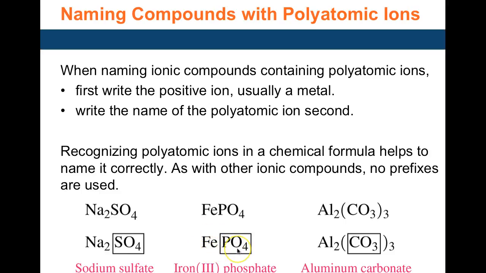So look at the polyatomic ion. It has a 3 negative charge. Therefore, you have to give iron a plus 3 so that the charges are balanced. So iron(III) phosphate, aluminum carbonate. You don't need this for main group metals. Remember, you only need the parenthesis Roman numerals when it's a transition metal.